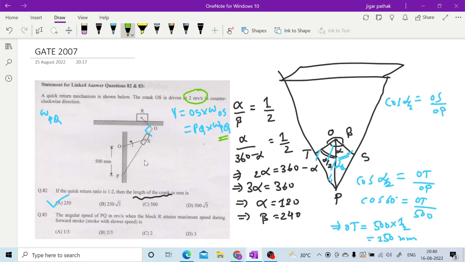So if you put all the values, 250 into the revolution speed 2, PQ is not mentioned, but I guess 750 they must have provided, which is the length of this slotted bar, and then omega PQ. If you solve this, you get the answer as 2 by 3. This is how you will have questions regarding this quick return mechanism.